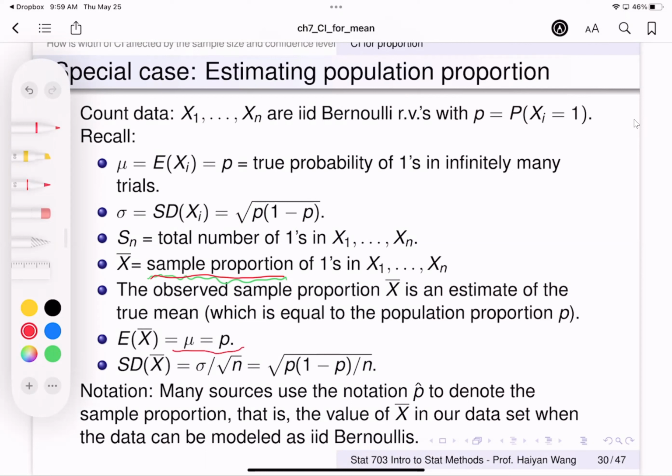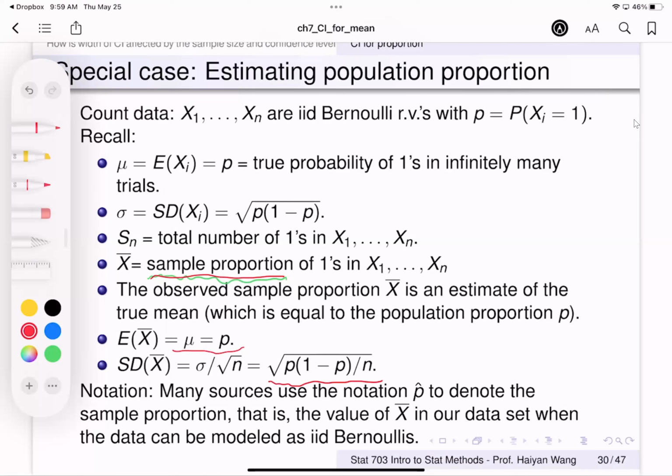If you calculate the expected value of the sample proportion, you'll see it is equal to the population one. And if we calculate the standard deviation of x bar, as we learned in the earlier chapters, it is equal to the variance of xi divided by n, and then take the square root. The variance of xi is simply p times 1 minus p, and after we divide by n and take the square root, this gives us the standard deviation of the sample proportion.